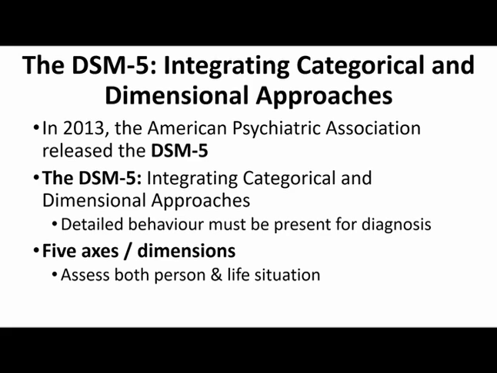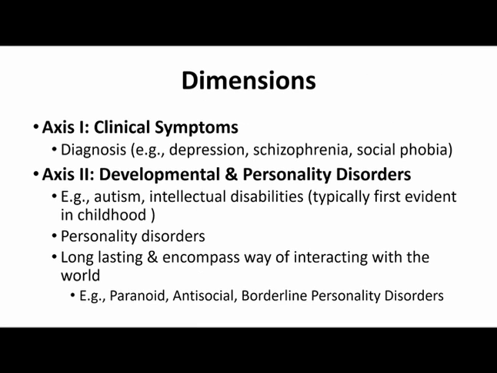Now, if we want to talk about the actual diagnosis process, I want to get back to this title, where it's integrating both the categorical and the dimensional approaches. So integrating the DSM-4 and coming into the DSM-5. The next couple of slides are actually using the five axes, or the five subsections, that were included with each diagnosis under the DSM-4.